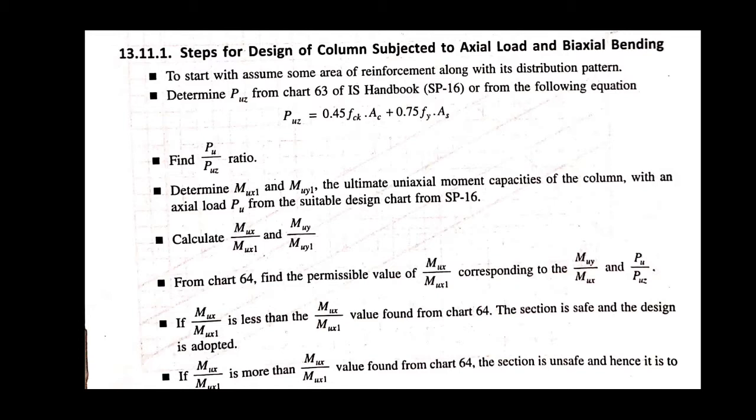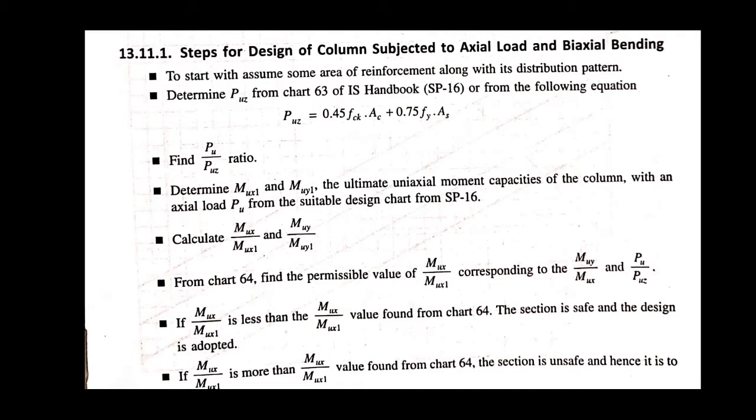After that, we have to calculate Mux by Mux1 and Muy by Muy1, and then from chart number 64 of SP16 we have to find the permissible value of Mux by Mux1 corresponding to the Muy by Muy1 and Pu by Puz. So, from chart number 64 we have to find out the value of Mux by Mux1 depending upon the values of Muy by Muy1 and Pu by Puz.